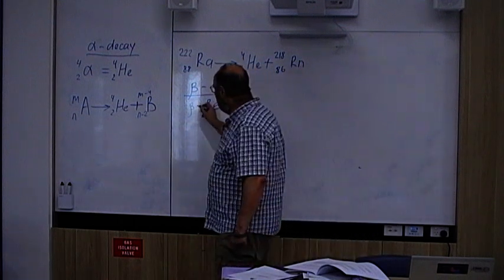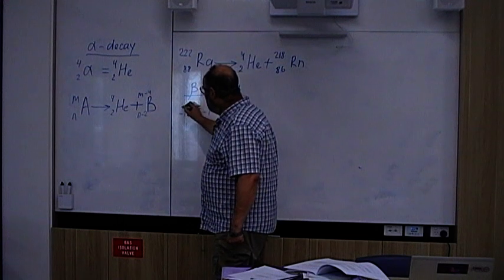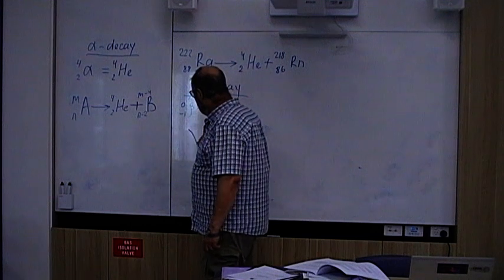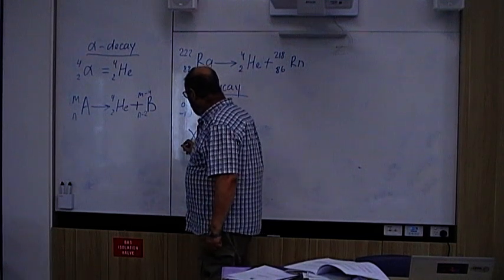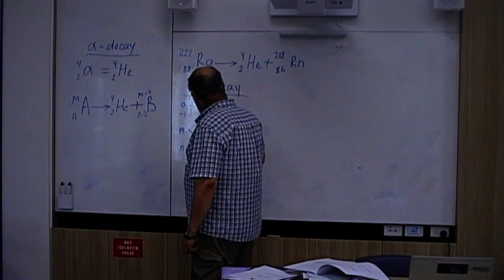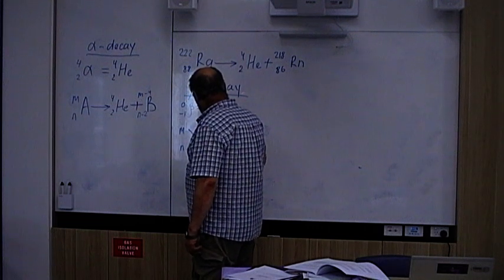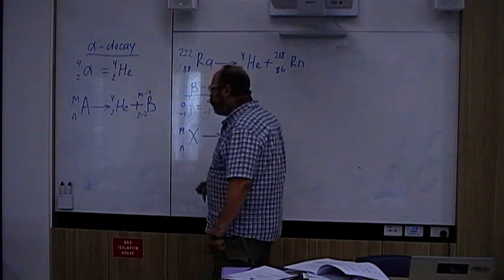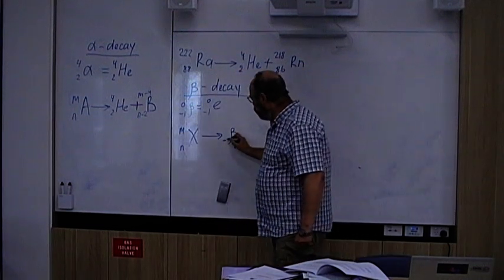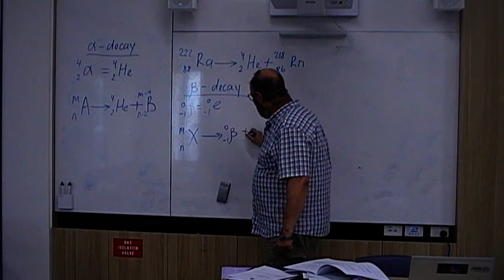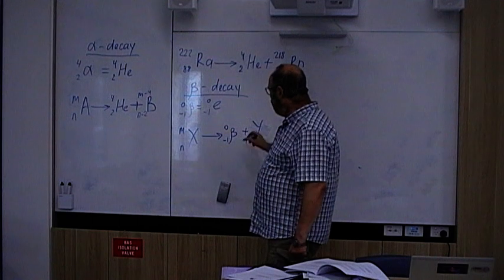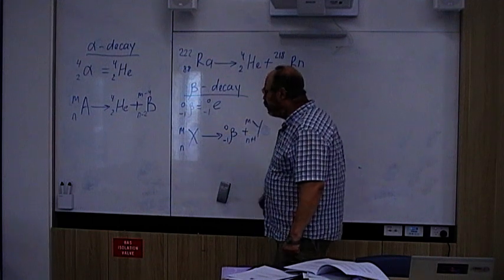So beta particle is an electron. And the equation will be: we have element X with N and M. If a beta particle is ejected, what happens to the atomic number? Plus 1, because minus 1 leaves 0. So we have element Y, which will be N plus 1. It's increased by 1, mass unchanged.